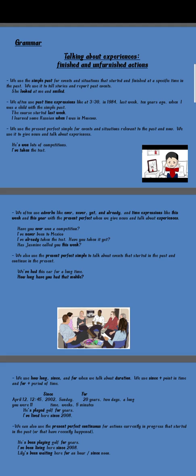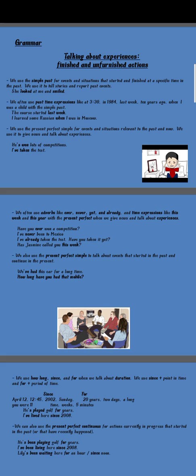Like when I say he's won lots of competitions, the idea here is that he won competitions, but the time is not important. More importantly is what happens. What happens is winning lots of competitions. I don't really have to say when did it happen. I have taken the test. It happens, but when, this is unimportant, but it happened. So as I said, we talk about past in general.